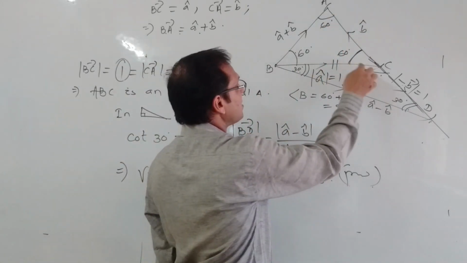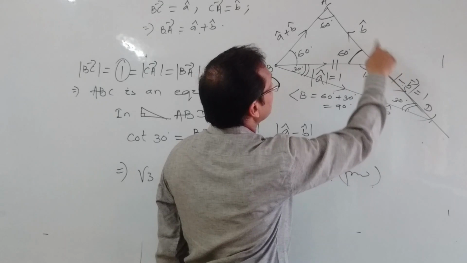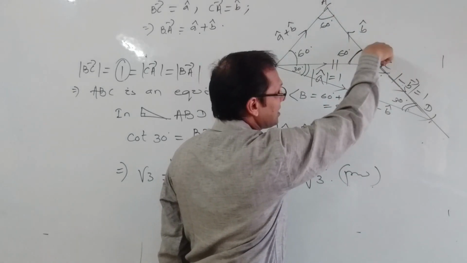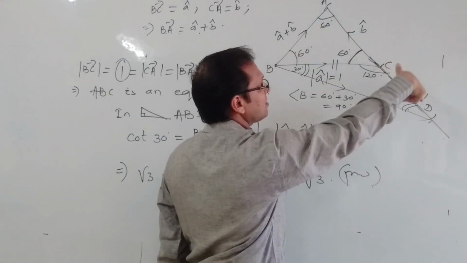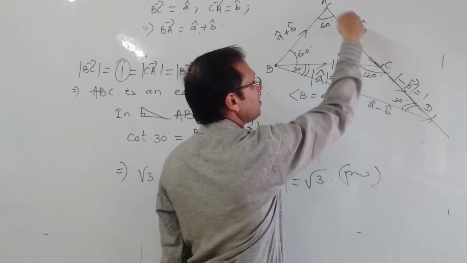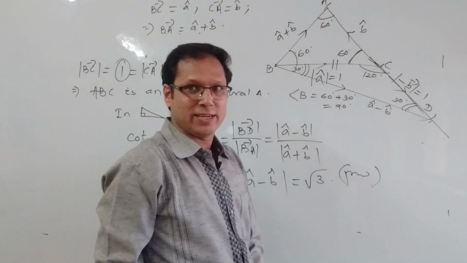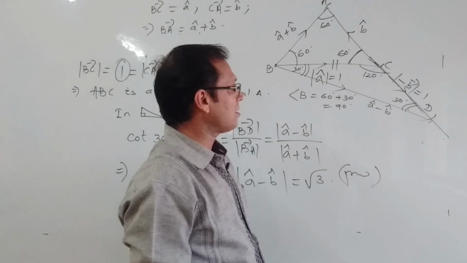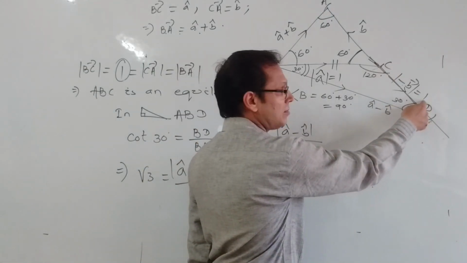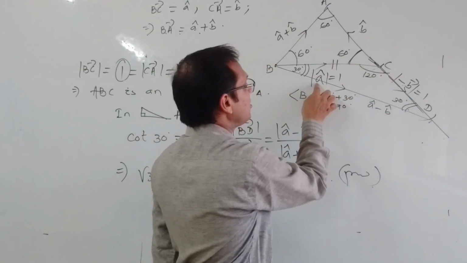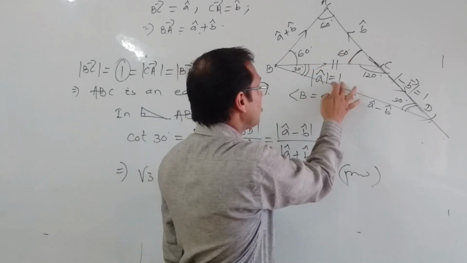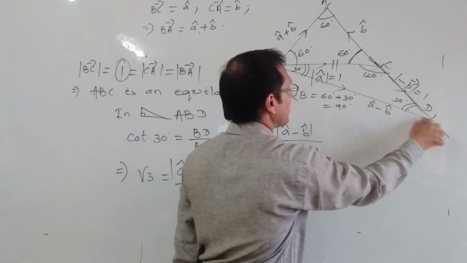Okay. So from this, if you extend this side, AC side towards C up to D, such that AC is equal to CD, then this one is B vector, means this one is in the opposite direction, negative vector, that is minus B vector, but the magnitude is equal. Magnitude is equal to 1, and the magnitude of this part is also 1. So this one is an isosceles triangle.